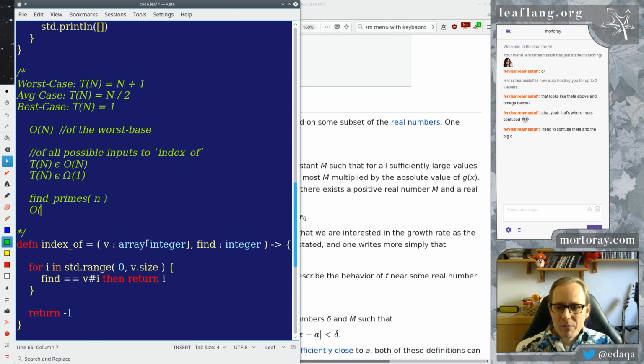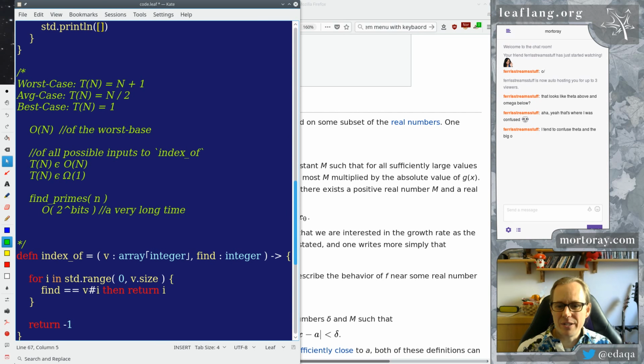Well, it's quite possible that in the worst case, I actually don't know what this is. How long does prime factorization take? Is it 2 to the n? I don't remember. 2 to the bits or something like that. This is a long time. A very long time, let's say. So as the bit sizes increase, this is great. You want this.